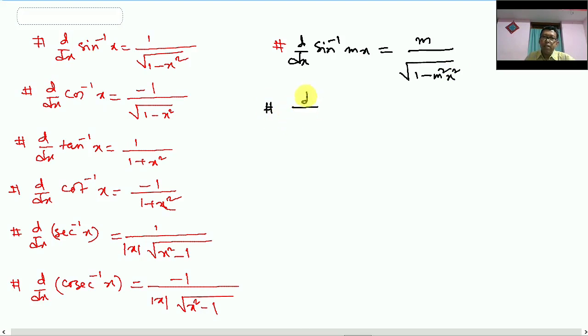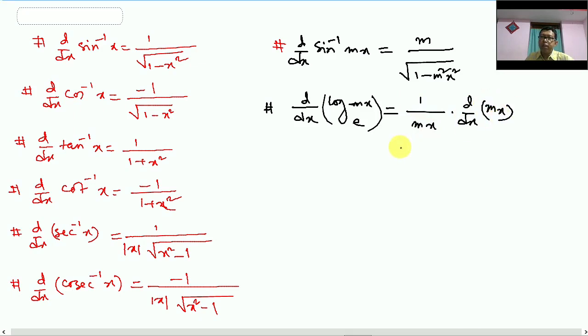Another formula, say d/dx of log of mx base e. You know this is 1 upon m of x into derivative of m of x. So you are getting 1 upon mx into m, such that m is cancelled, only 1 upon x.